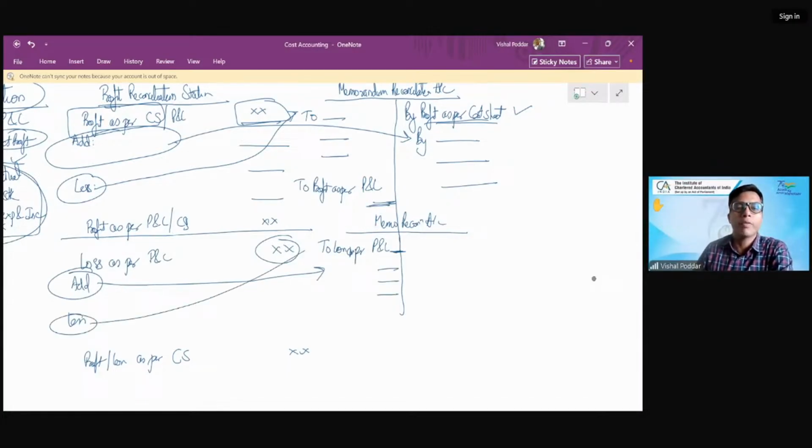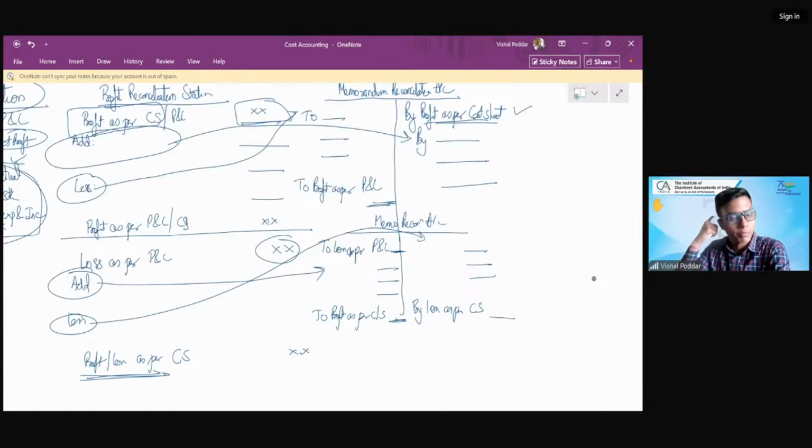Whatever you have identified as less, you'll put it on the credit side so that it gets subtracted. And then the balancing figure will be your other profit. So if it is loss, it will come on this side, so you'll write by loss as per cost sheet. If by chance this is profit, it will come on this side by profit as per cost sheet. So depending upon what the other balance comes to, it may be on any of these sides.